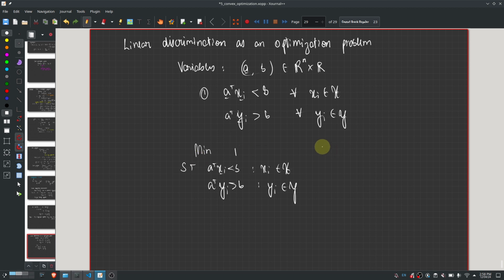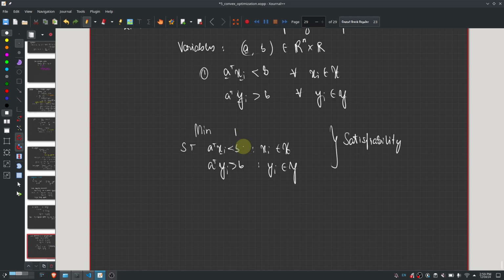So this is what is called a satisfiability problem. Give me one point that satisfies the constraints. It's a special class of optimization problems wherein the objective function is just a constant. Okay, so that's one point.